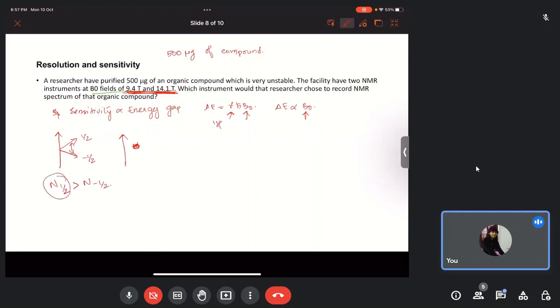The sensitivity truly depends upon how high the population difference is between the ground state and the excited state.